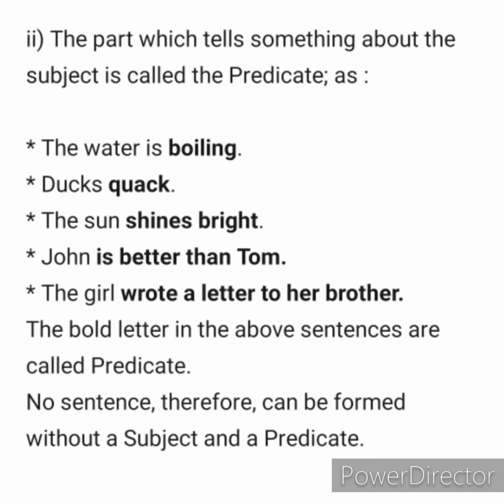The sun shines bright. John is better than Tom. The girl wrote a letter to her brother. All the bold words in the above given sentences are called predicate. No sentence, therefore, can be formed without a subject and a predicate.